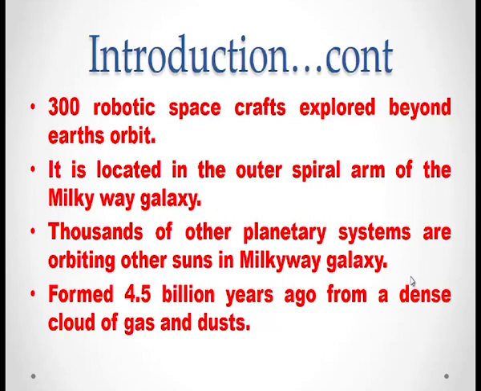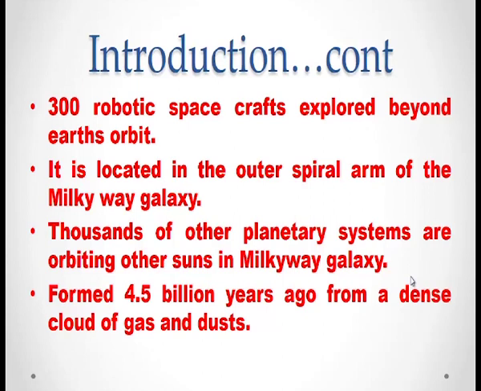Our solar system is located in the outer part of the spiral arm of the Milky Way galaxy. As I told earlier, the Milky Way galaxy is a spiral galaxy. Many arms are there in that spiral galaxy. In one of those arms, our solar system rotates.